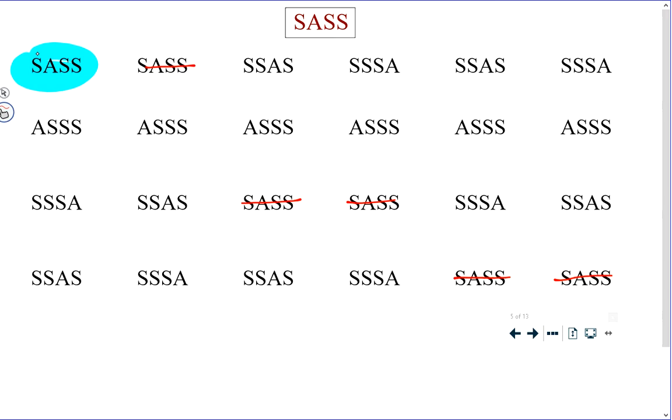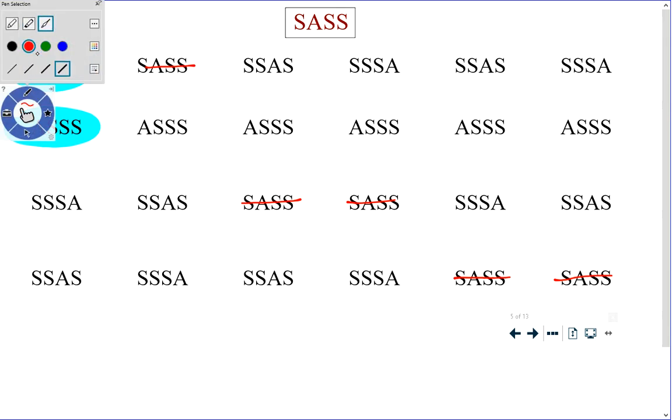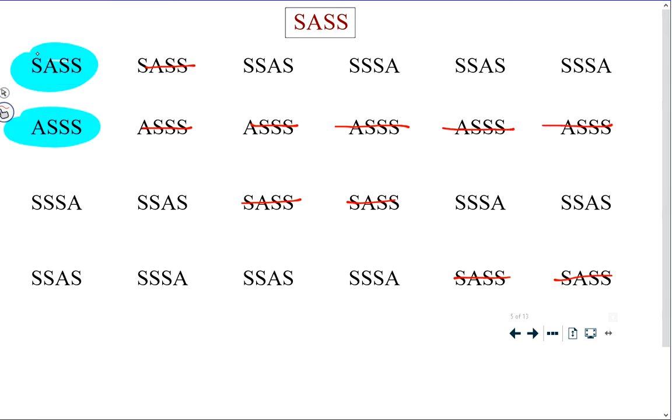The word SAS actually appears in 6 places. ASSS appears here. Now ASSS appears in a number of different places as well, a total of 6. But I can only count one of them. Otherwise I've got identical arrangements and we're asked to find different arrangements.